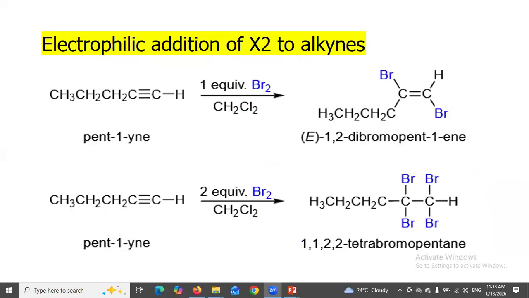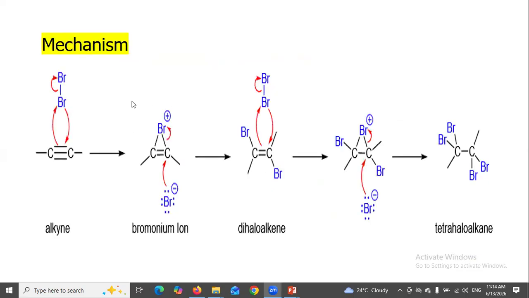Electrophilic addition of halogen to alkynes. This is a triple bond, and this is the halogen. Electron density is higher in the triple bond, and there is movement of electrons from the triple bond to the halogen, and withdrawal of electrons from this halogen, and it forms a bromonium ion like this.